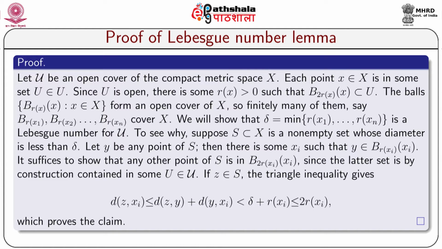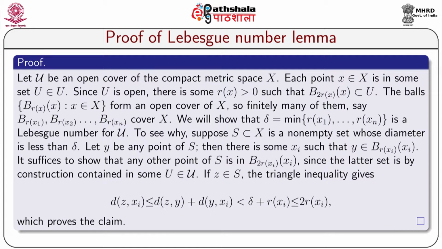Now, we prove the Lebesgue number lemma. To prove this, let script U be an open cover of a compact metric space X. Now, for each x belonging to X, there is some open set U in script U containing x.